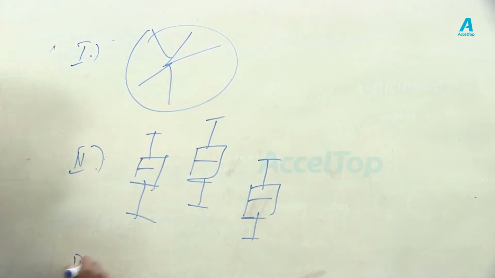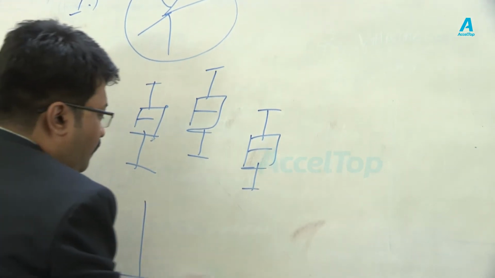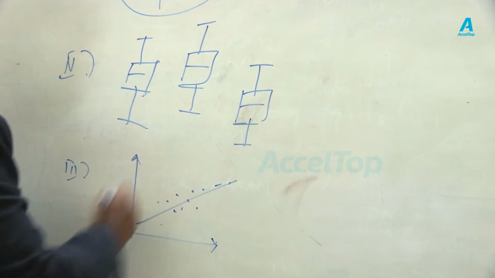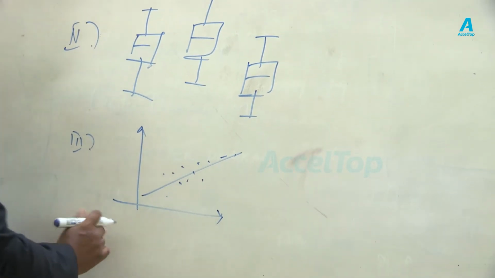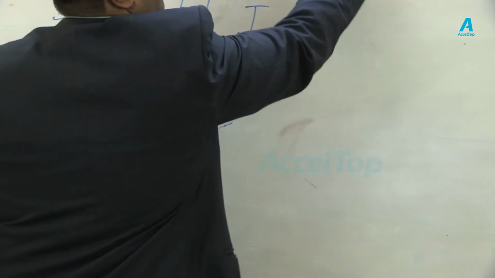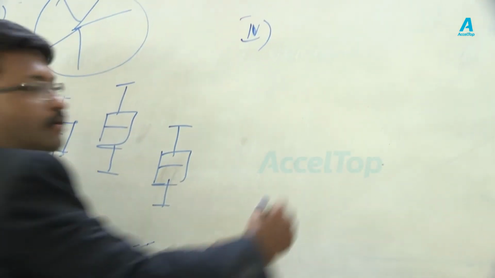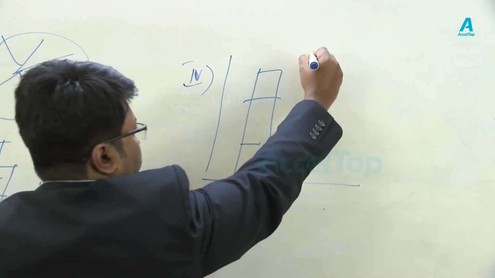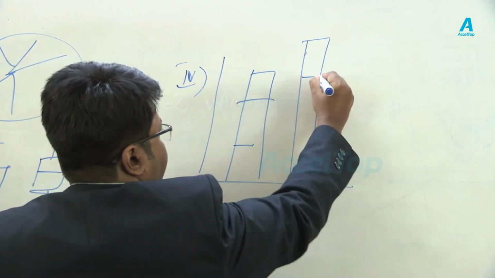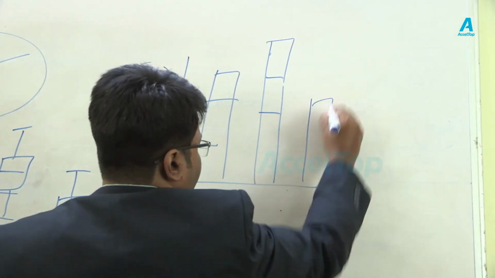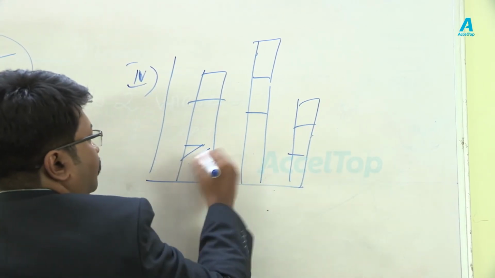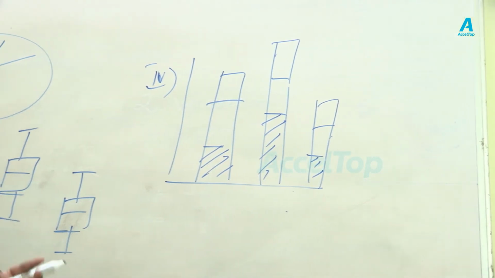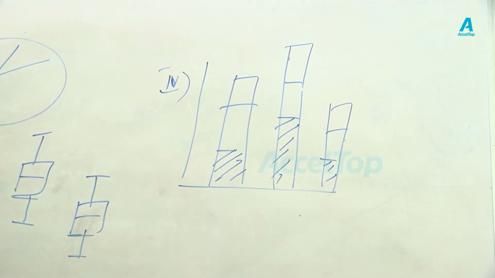The third option, you have a graph like this, and in the fourth option, you have a graph like this. So here we need to identify what each graph depicts.